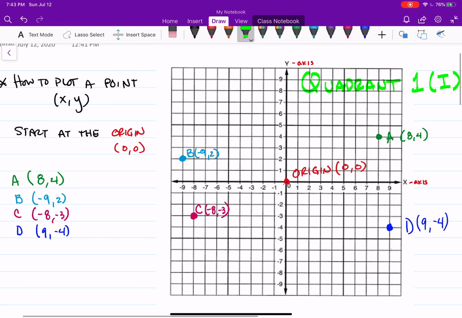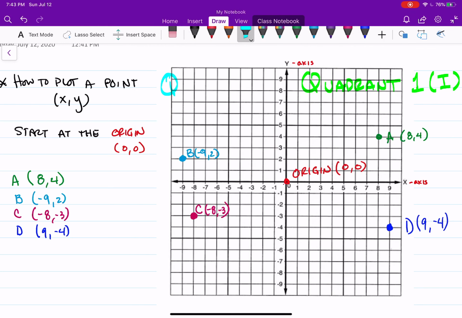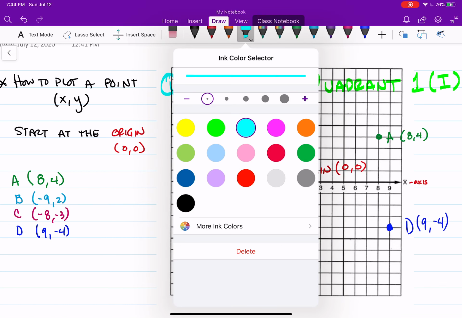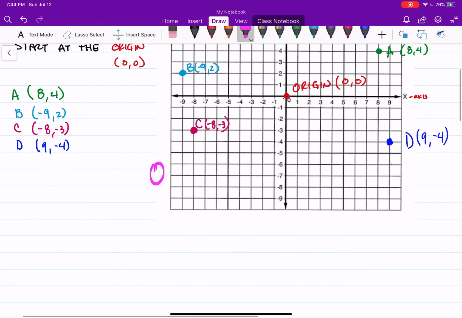And then over here, we have quadrant 2, which we can label with Roman numeral 2. And then over here, bottom left, we have quadrant 3, or Roman numeral 3.